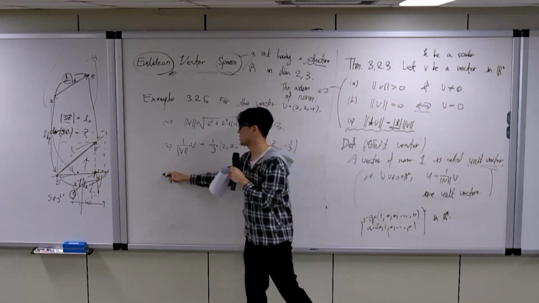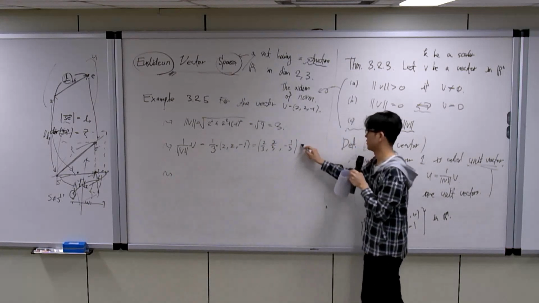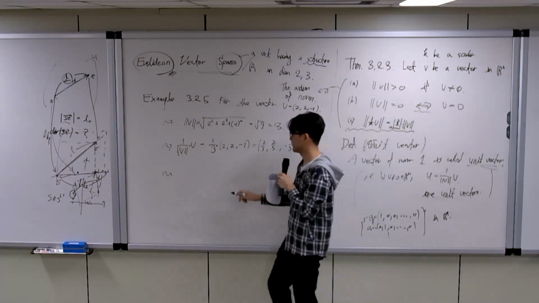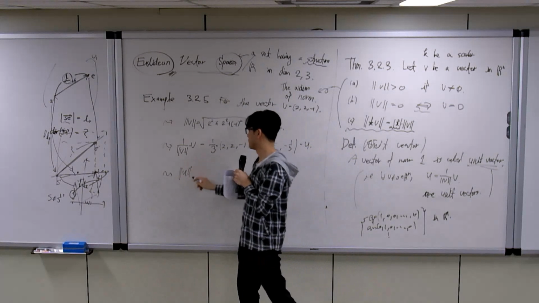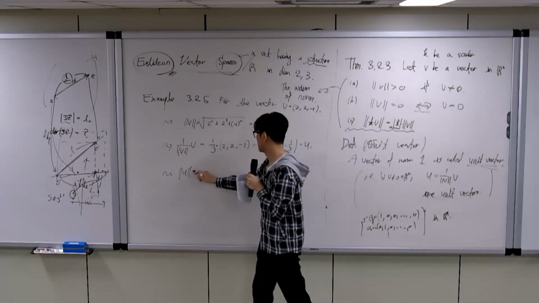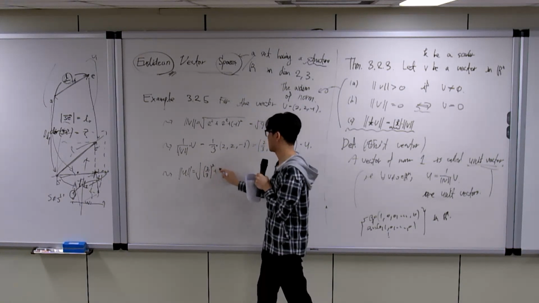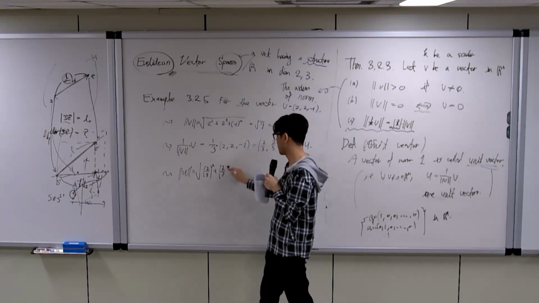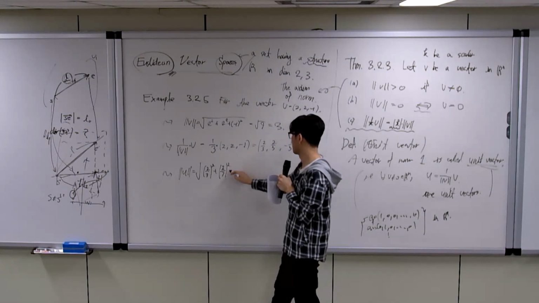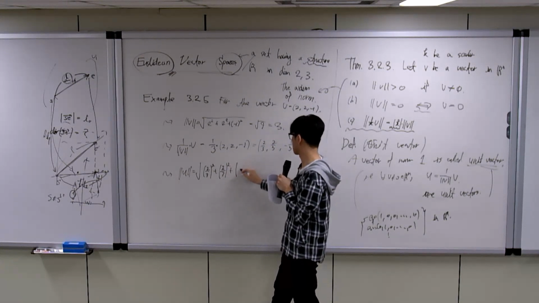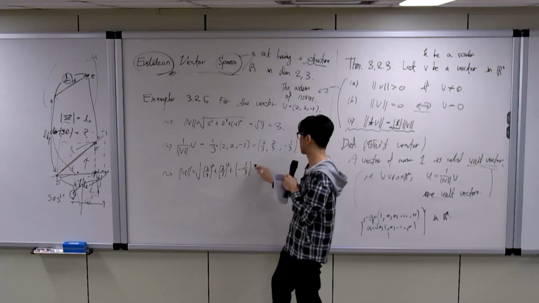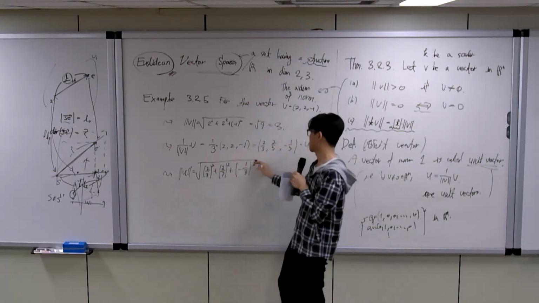The scalar multiplication will affect each component, and so it gives us this vector. And by checking the norm of this vector, which we define as u, the norm of u is the square root of 2 over 3 squared, 2 over 3 squared, plus minus 1 over 3 squared.